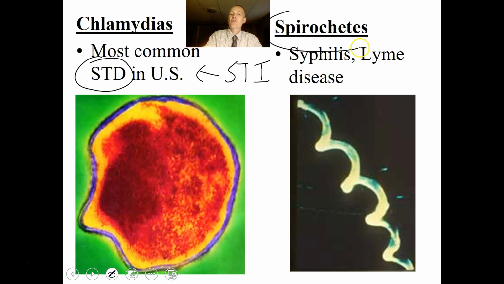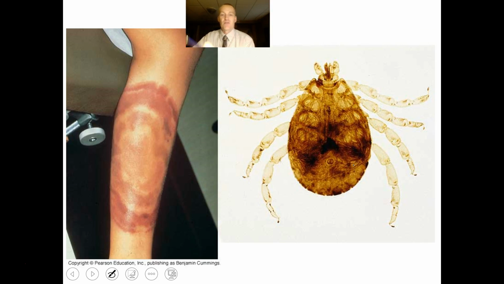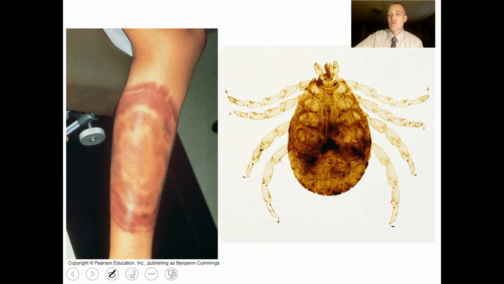So your spirochetes include things like syphilis and Lyme disease. These are really bad guys, and this is what their shape actually looks like. I worry about these guys all the time because I'm a field researcher. I do a lot of research on reptiles and amphibians, so I'm always having ticks on me all the time. So I've actually had Rocky Mountain spotted fever.